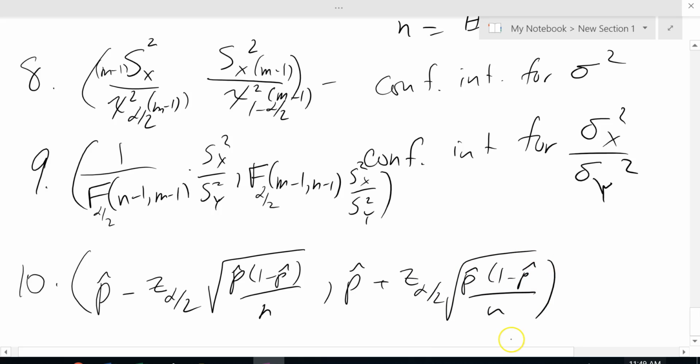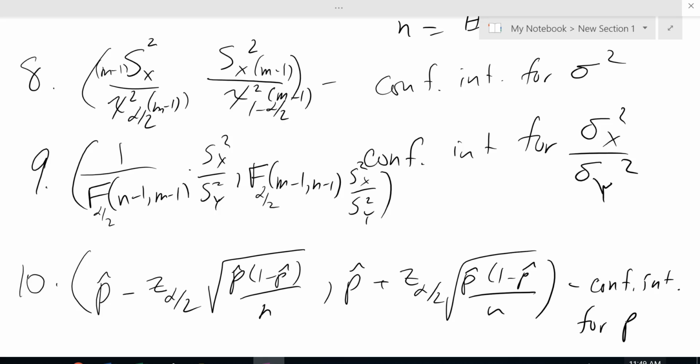Last thing we talked about were confidence intervals for proportions. You might be asked to do something with the sample size. This part here is your margin of error.